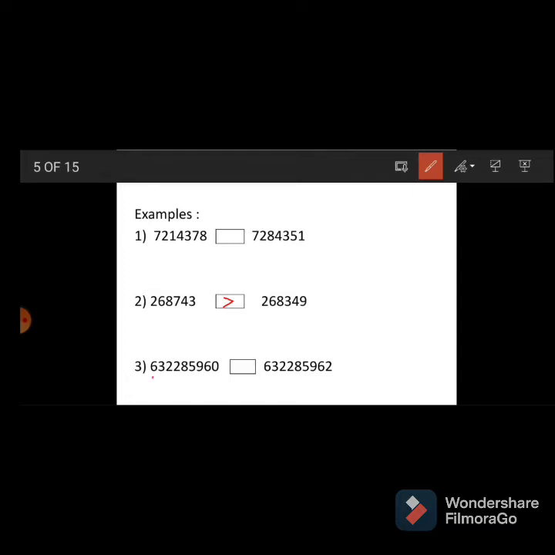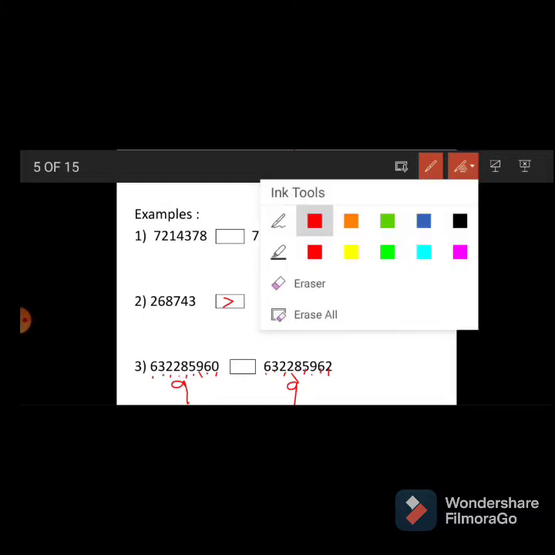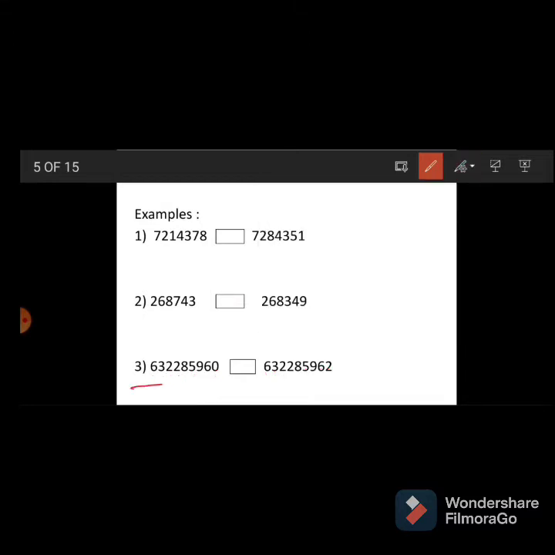Then check the next example. Number of digits: 1 2 3 4 5 6 7 8 9, that is 9. Here also 1 2 3 4 5 6 7 8 9. Again 9 and 9, means the same number of digits. Then again start from the left-hand side in both numbers and check digits. First digit is 6, here also 6, here 3, here also 3, here 2, again 2, here 2, here 2, then 8 and 8, 5 and 5, 9 and 9, 6 and 6.